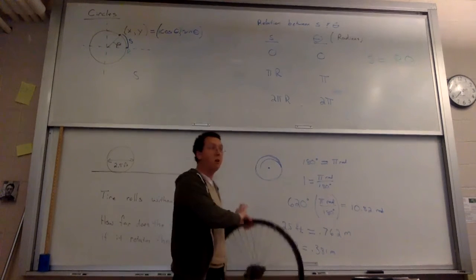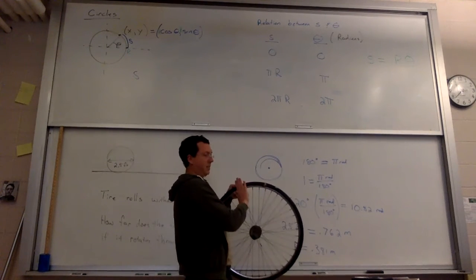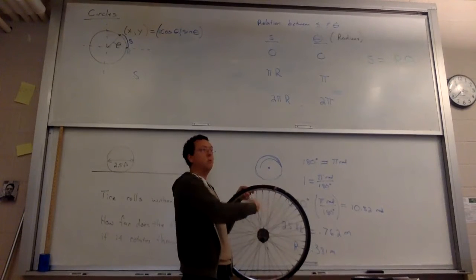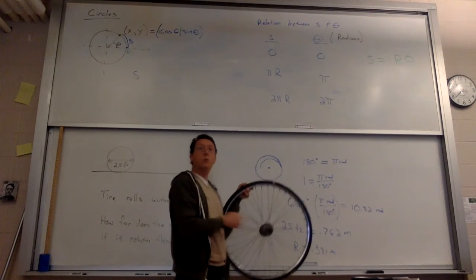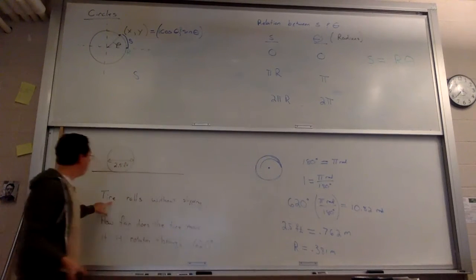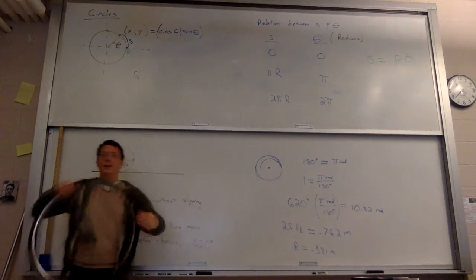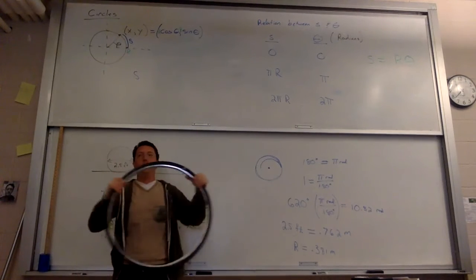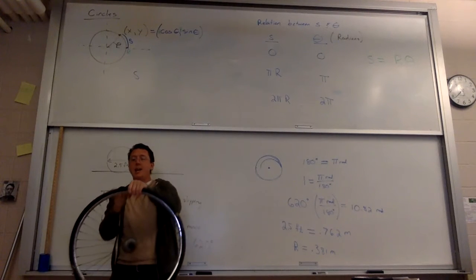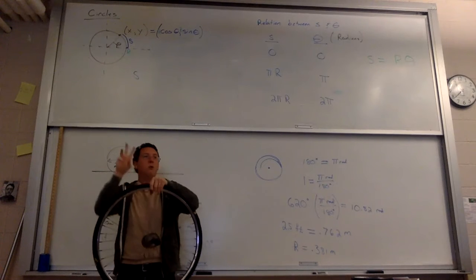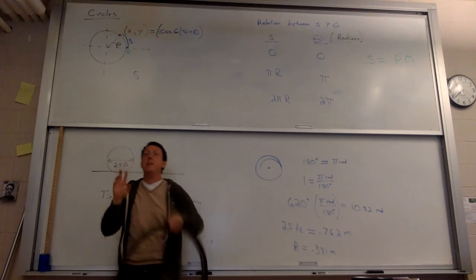But that's equal to the arc length swept out by the rotation. So if it rolls without slipping, the side-to-side motion is the same as the arc length unrolled.